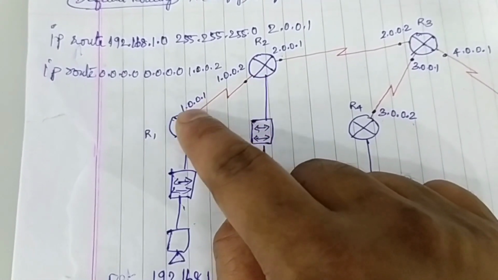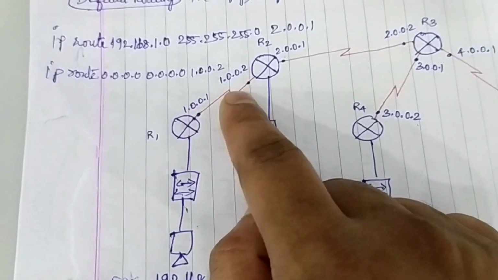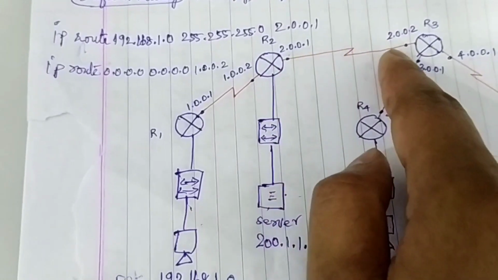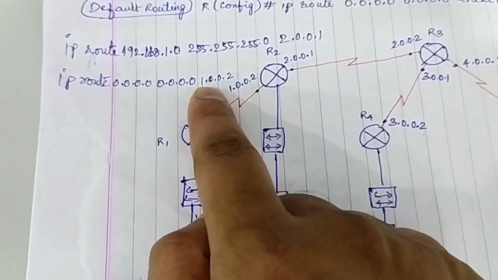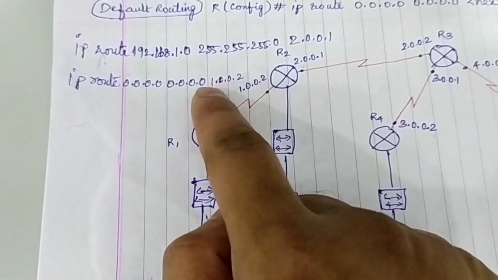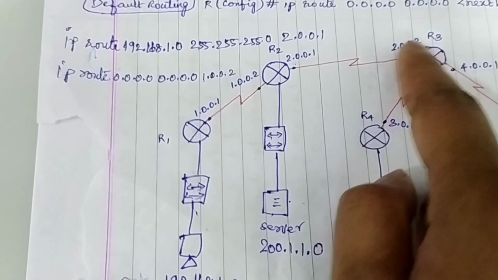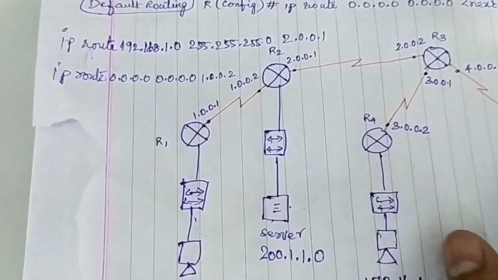Next hop is 1.0.0.1. Understood? Because two serial links are connected with R2, for both sides you have to write this command. Only you have to change the next hop. For this side, the next hop is 2.0.0.2. For this side, you have to type 1.0.0.1.